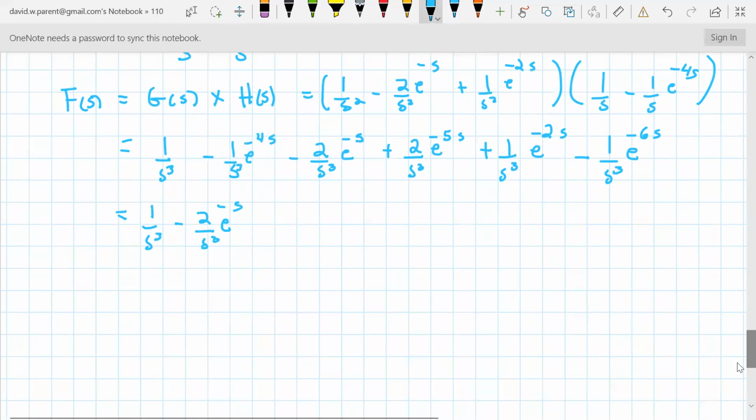I have a 2s, so plus 1 over s cubed e to the minus 2s. The next thing is 4. The next thing is 5. And the next thing is minus, wait, lost track.